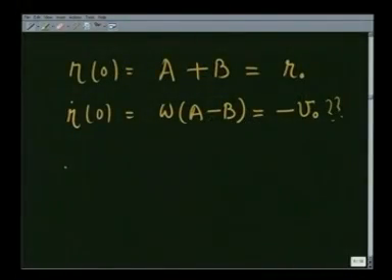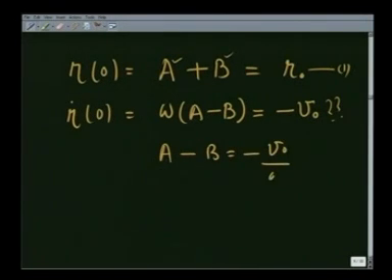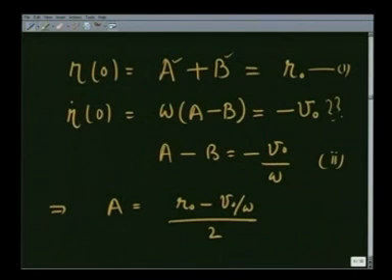So, what I want is such a and b, so that the particle keeps moving in. This is my equation number 1. Equation number 2 becomes a minus b is equal to minus v 0 over omega. This gives me a is equal to (r 0 minus v 0 over omega) divided by 2, and b is equal to (r 0 plus v 0 over omega) divided by 2.